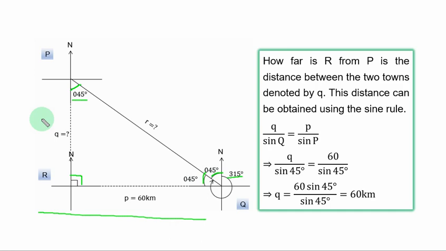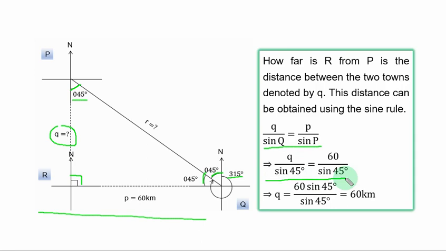You have the sides labeled as well. How far R is from P is the distance between the two towns denoted by q. We can use sine rule because angle P and side p are given. That is a complete side. So you state the sine rule in this form. In terms of the complete side, you replace the known side and angles with what they stand for.